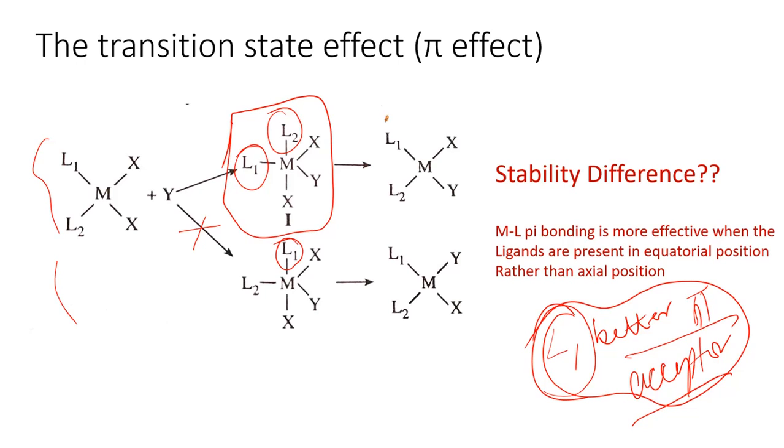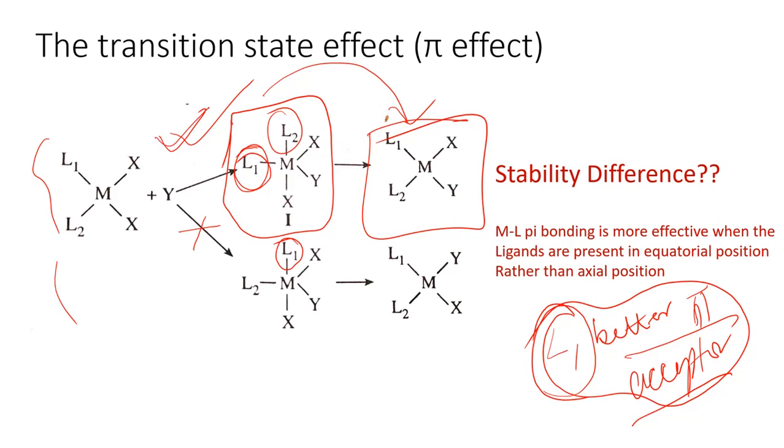Therefore this mechanistic pathway would be more preferred, and we will definitely get this product, that is one type of square planar complex, with the help of this first mechanism only. So that will be the major product, and the other pathway will not be favored, and we are not getting the second product. We are getting only the first product.